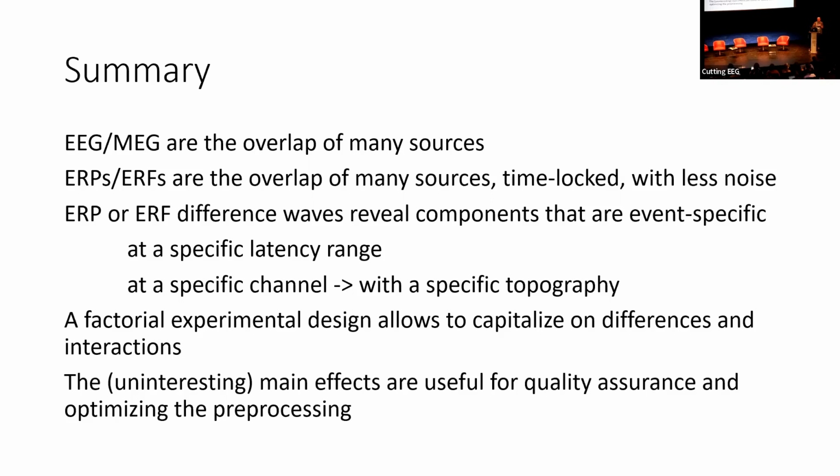Double dipping is if you already look at your contrast and then see how you can maximize your contrast, so you actually repeatedly test the same contrast. Whereas the main effects you're not really interested in, you're not going to do statistics on them, which means that you can compute statistical scores for them and optimize them so that you can make the right decisions in your analysis pipeline.